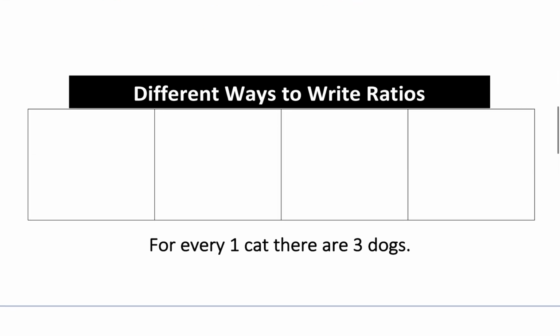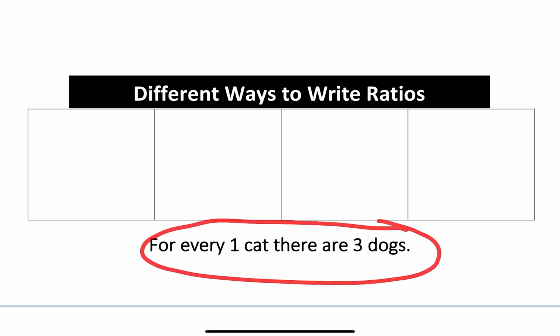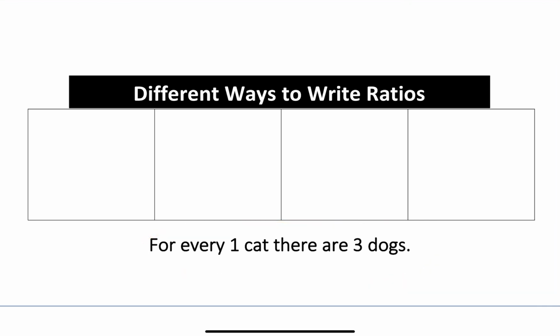Okay, and there are different ways to write ratios. So we have an example down here that we can look at for our reference. It says for every one cat, there are 3 dogs. So when there's one cat, there's 3 dogs. When there's 2 cats, there's another 3 dogs. It keeps happening over and over again.